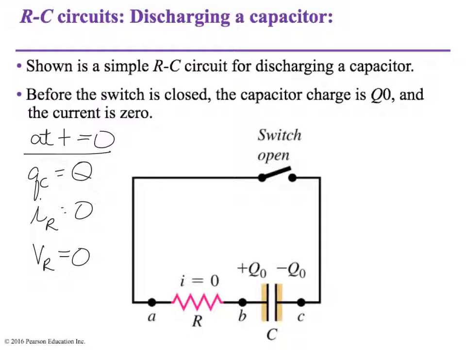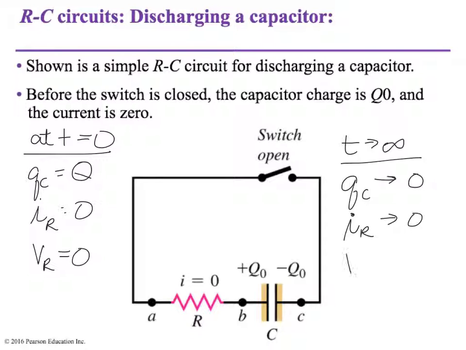And what's going to happen at the end, at t being a very long time, is the charge on the capacitor is going to go to 0. Interestingly enough, the current through the resistor will also be 0, as will the potential difference. So it's a little bit different than when we charged the capacitor.